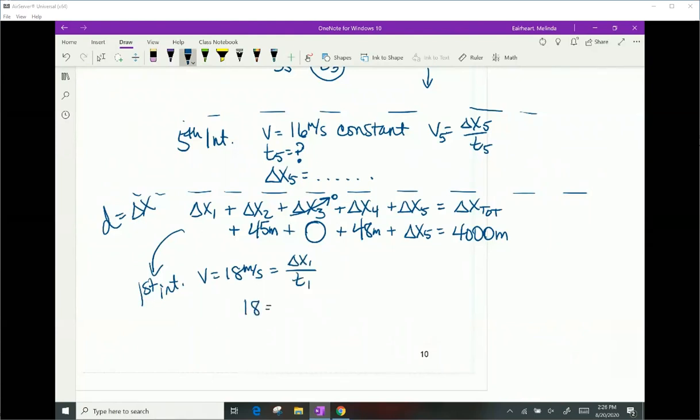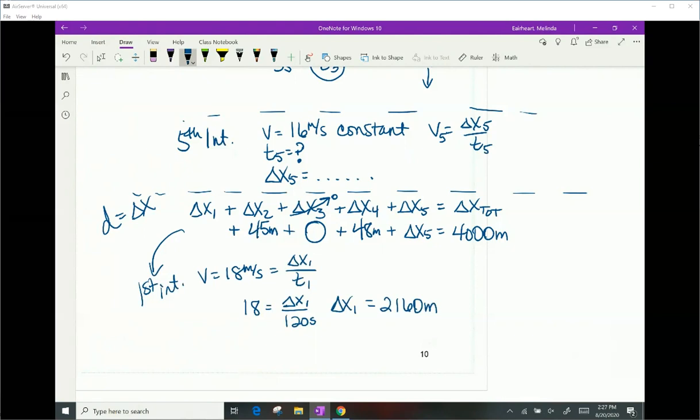So 18 equals displacement over 120 seconds. To isolate distance 1, I need to multiply both sides by 120. And someone with a calculator, double check this, I'm going off memory here. I think whenever you calculate it, you get 2,160 meters.